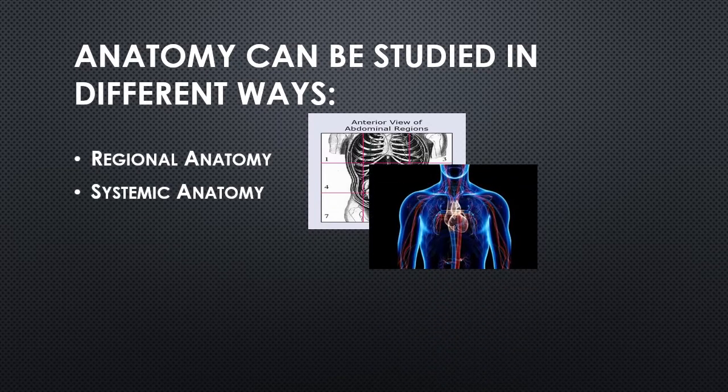The second way we study anatomy is systemic anatomy. That's where we talk about body systems as a whole and all the organs or tissues that are associated with it. For example, the cardiovascular system, we would be talking about all the blood vessels and the heart.